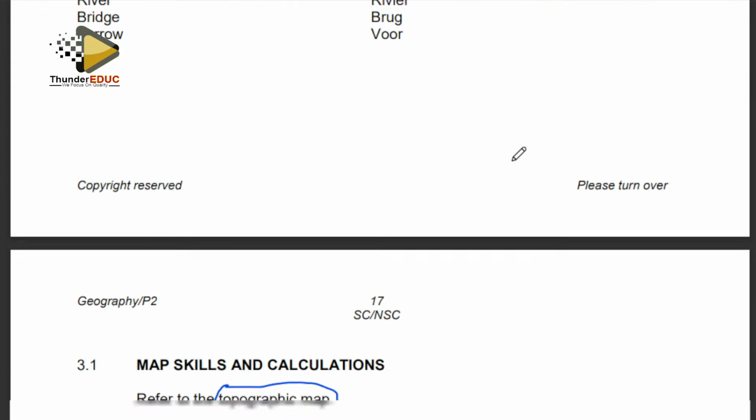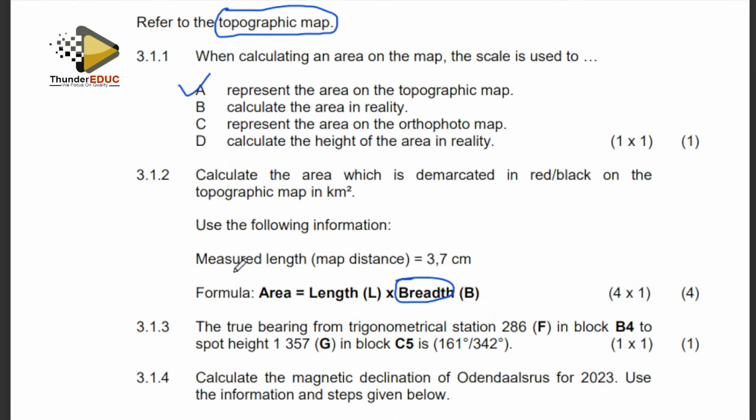You say calculate the area. So our area is like this. If they say the length is given, 3.7, what will be the breadth? Let's quickly go to the map.